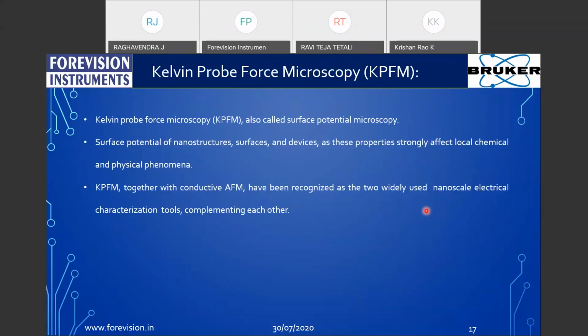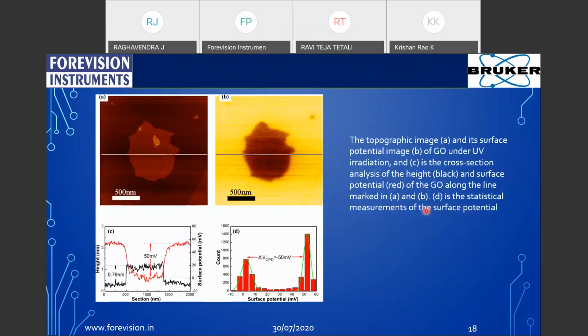KPFM is used on two-dimensional layers to understand the work function of 2D materials. This is a KPFM image of a graphene oxide layer which is irradiated under UV light. You can see the topography change in figure A, and the corresponding surface potential measurements in figure B. And figure C is a line profile.